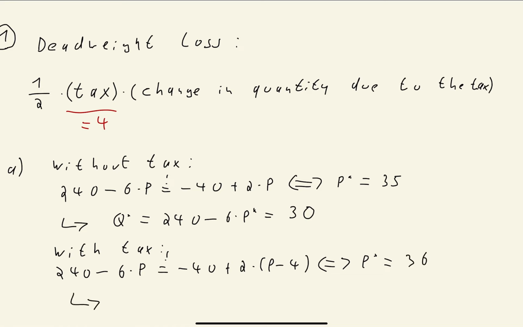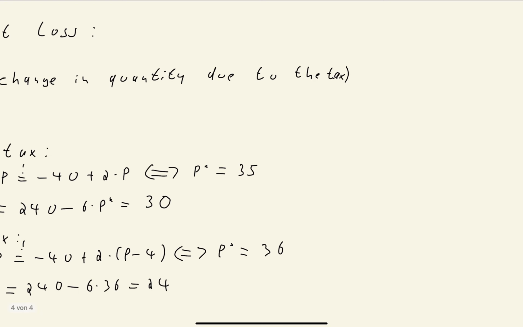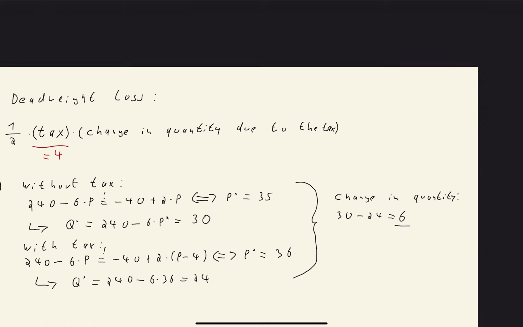Now if we plug this into either the demand or supply function, we end up with the new equilibrium quantity, which is 240 minus 6 times 36. This is equal to 24. Therefore, the change in quantity is simply 30 minus 24, and this is equal to 6. This was the remaining unknown.